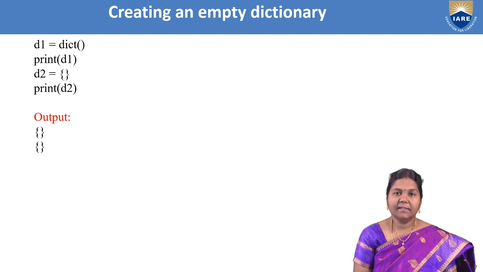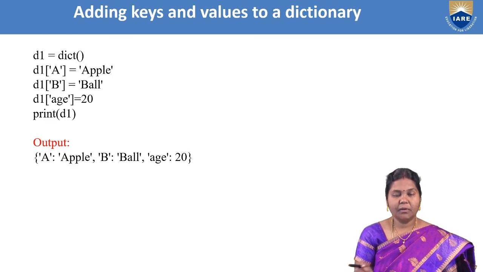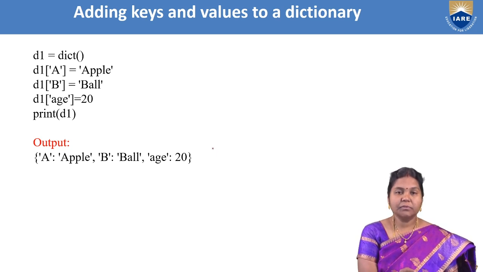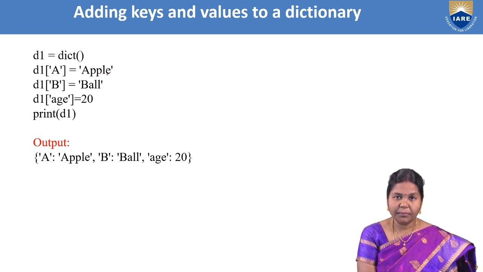Now once a dictionary is created, we can add a set of key value pairs. Let us see the next example, how to add key value pairs to a dictionary. Suppose D1 is a dictionary created through the dict method. Then we want to add the key value pairs. D1 of A: within square brackets you have to write down the key. If the key is a string, then you have to enclose it within quotes.